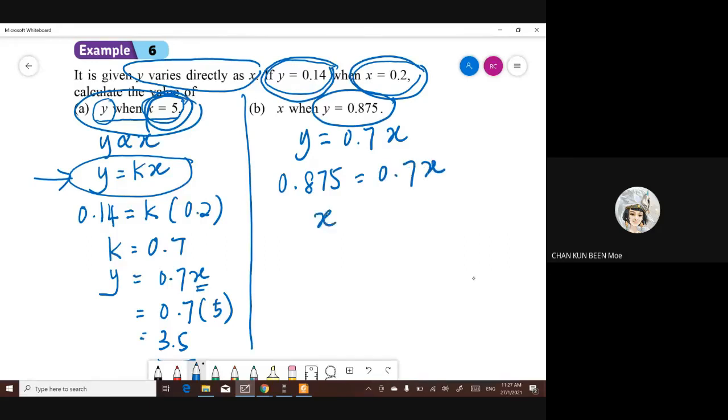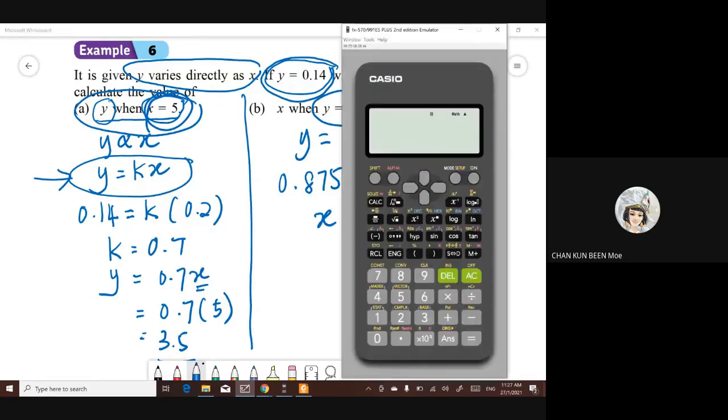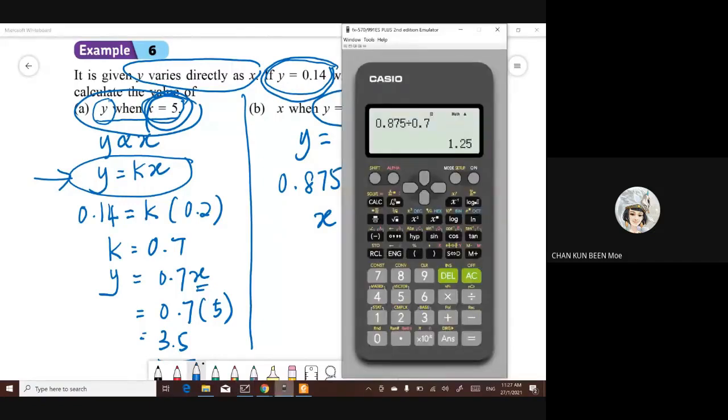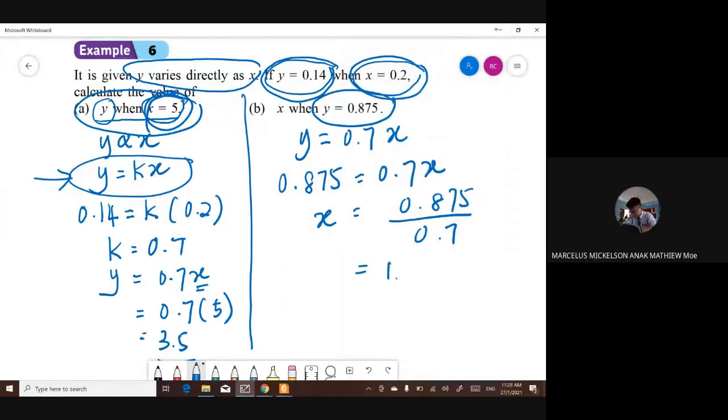To find out x is 0.875 divided by 0.7. So it's equal to 1.25, correct or not? Yes. Correct.